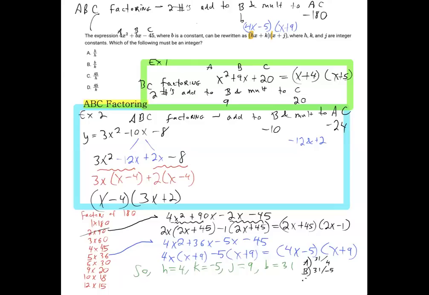Also not an integer. C, 45 over h. So 45 over, and what is our h? 4. Also not an integer. And last but not least, D is going to give us 45 over k, which is -5. And that worked out to -9, and that is an integer. And that's why our answer is D.